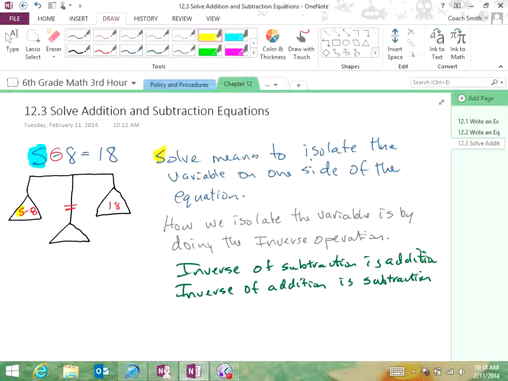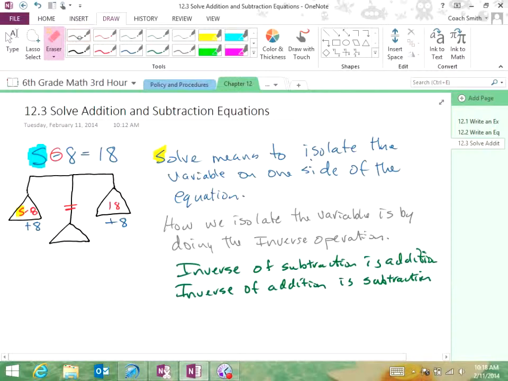Okay, but what I do to one side, I have to do to the other side or it doesn't stay balanced. If I just put plus 8 here, that side is going to drop, because I didn't do anything to the other side. So you are correct, but I must do it to both sides for it to stay balanced.